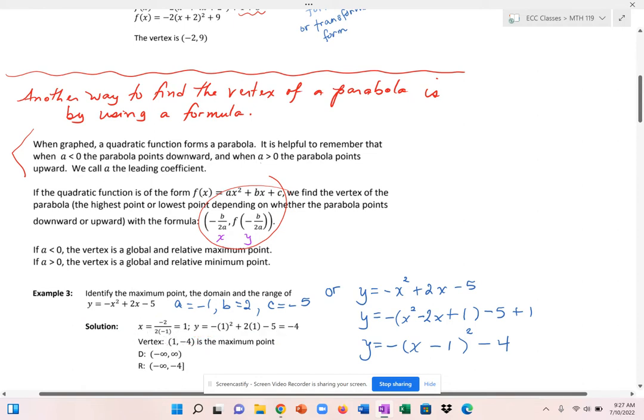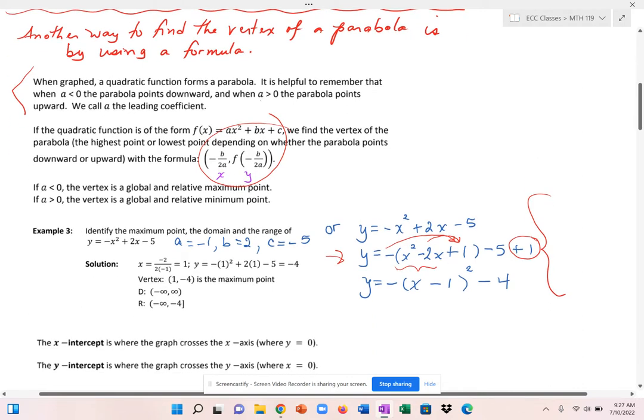You could have done it the way I did in the previous two examples, by the completing the square method. That's right here. I would have had to factor out a negative 1 first and left this as x squared minus 2x. Then take half of negative 2 and square it. That's 1. Whatever you add, you have to take away. This one is actually a negative 1 because of the negative on the outside, so that's why I add 1 here.